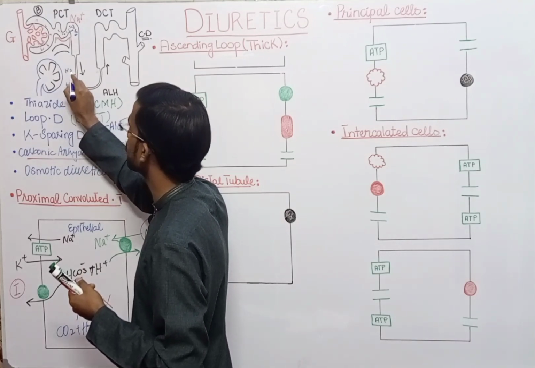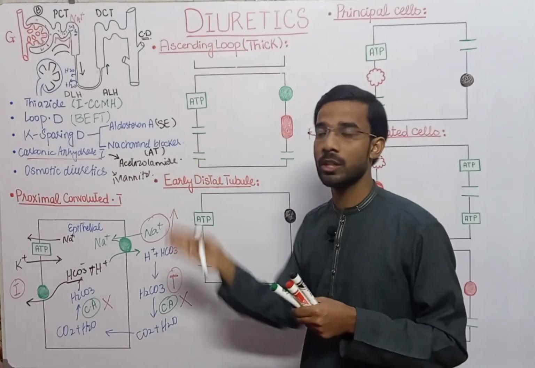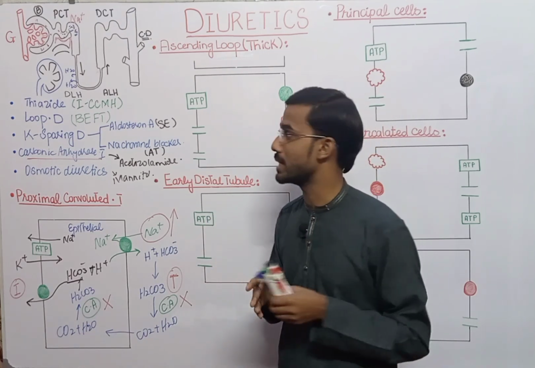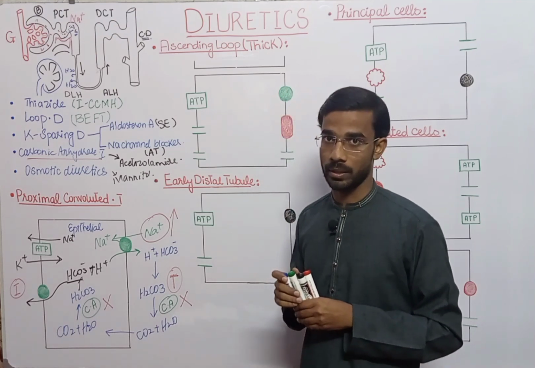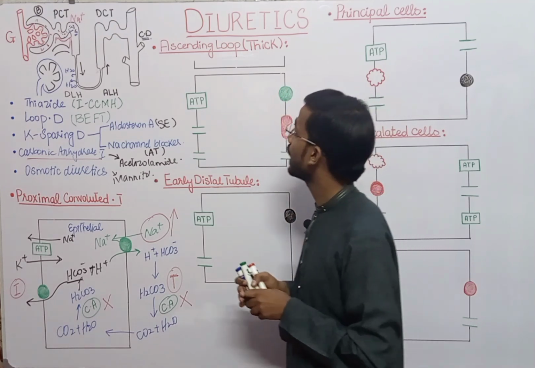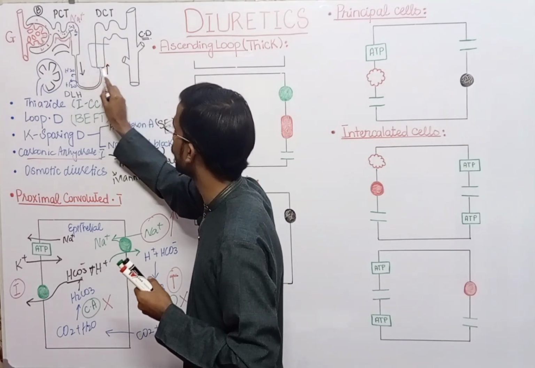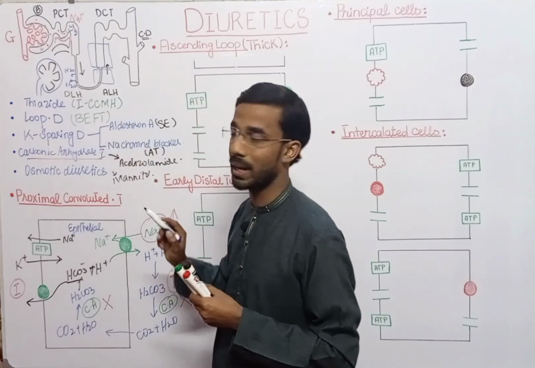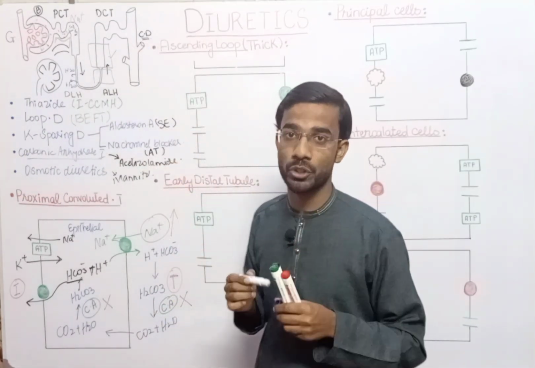This is the normal process in which water molecules move through the countercurrent mechanism. But the ascending loop of Henle is very important, and I am talking about the thick part of the ascending loop. The thin part is the same as the descending loop of Henle, but the ascending loop has a thick portion.